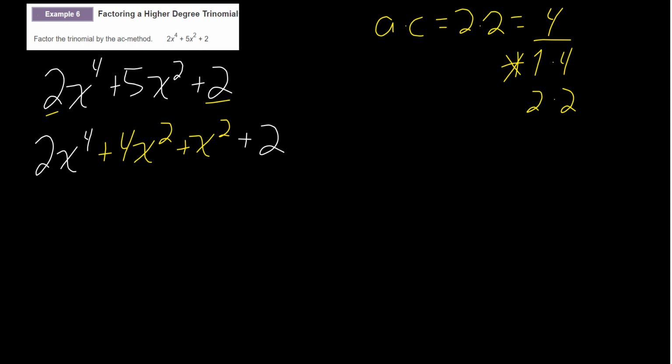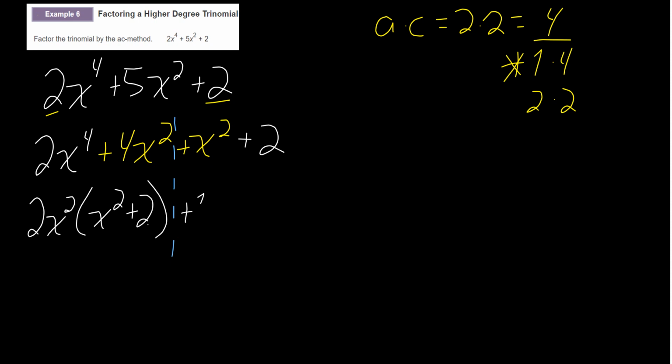So we've got the 2x to the 4th plus 4x squared plus x squared plus 2. Next thing I'm going to do is I'm going to factor by grouping. Okay. What can I factor out of the left side? Well, this looks like I can factor out a 2x squared. And what does it leave me with? It leaves me with an x squared plus 2. And then I can factor out a positive 1 on the right side.